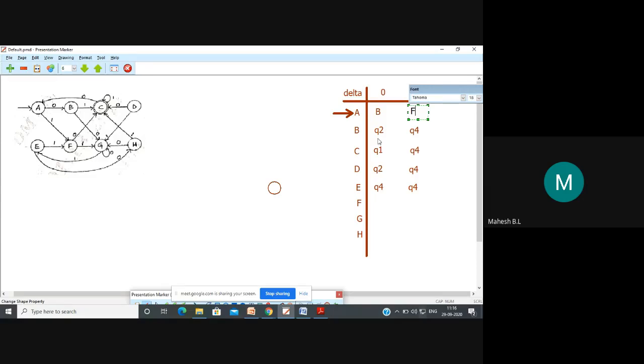B on 0 is G and on 1 is C. C on 0 is A, on 1 is H. Then D on 0 is C, on 1 it is G. E on 0 is H, E on 1 is F.